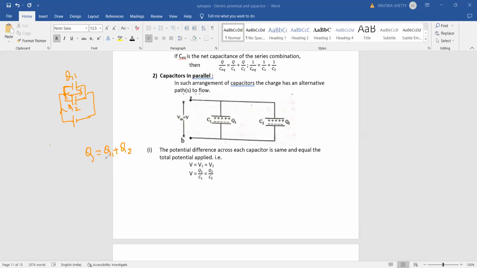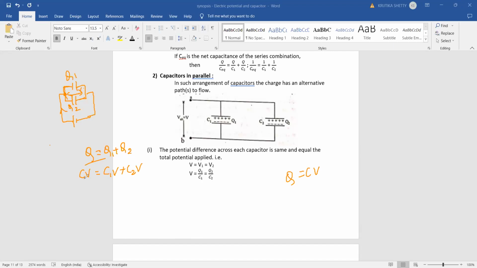So the total charge is given by Q is equal to Q1 plus Q2. Substitute the values. We know that Q is equal to C into V. So Q is equal to CV. But what is Q1? It is C1. It will be C1 into V plus C2 into V.